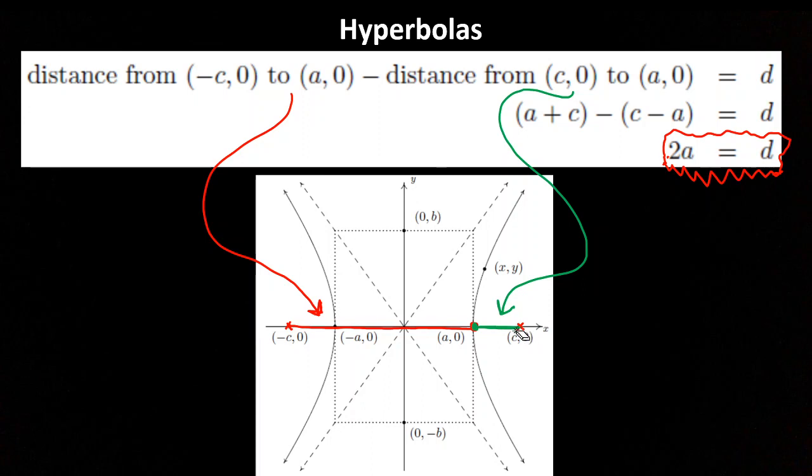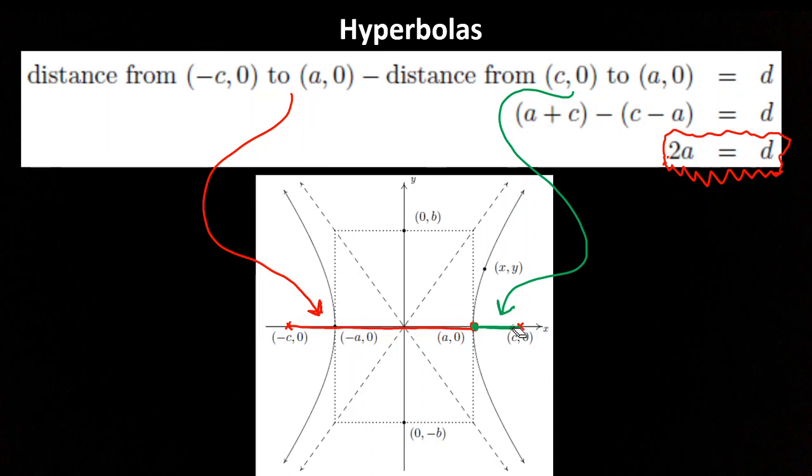Now we want to know what that constant is based on the naming that we gave to these distances. So what's the distance from here to here, the red distance? Well, this part of it is A, and this part of it is C, right? You go to the left, of course, we call it negative C. But the distance is C units, and this distance is A units, so the whole thing is A plus C, right?